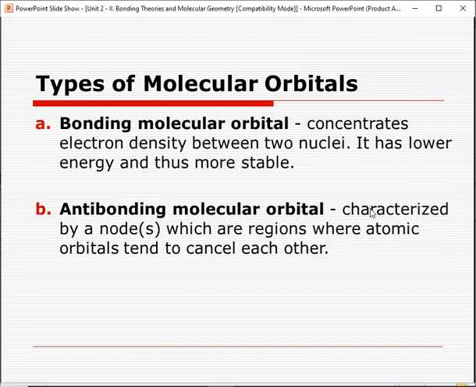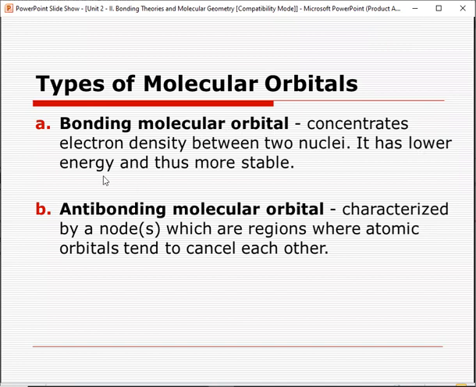Bonding molecular orbital. So it concentrates electron density between two nuclei. It has lower energy and thus more stable. For anti-bonding molecular orbital, it is characterized by nodes, which are regions where atomic orbitals tend to cancel each other. So, ang bonding molecular orbital, it has lower energy.